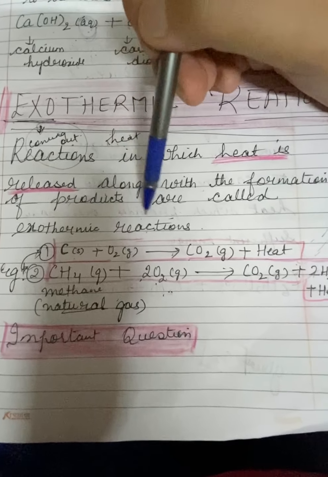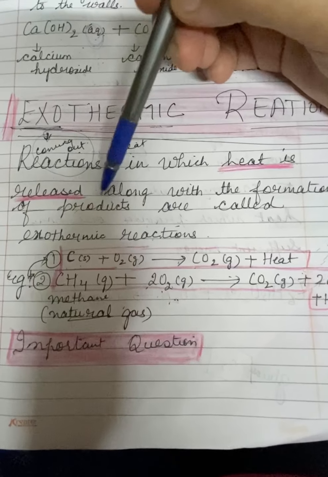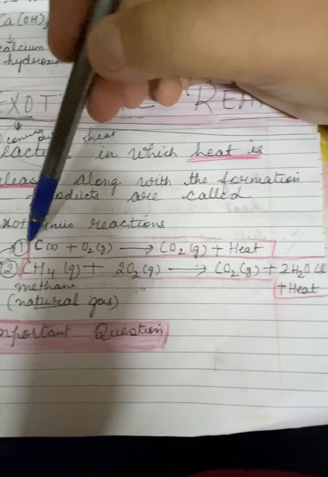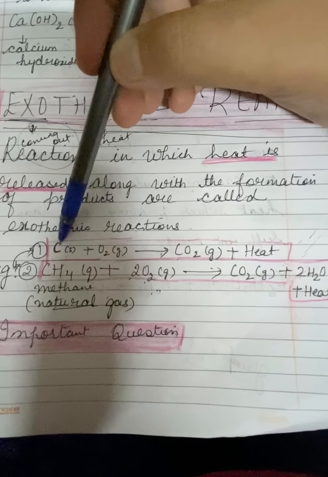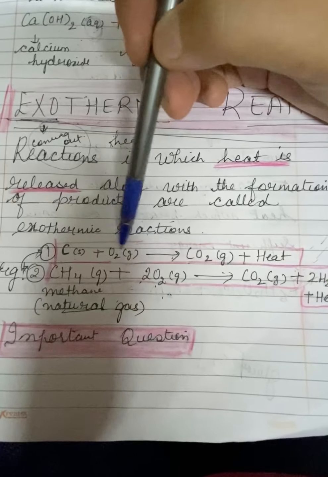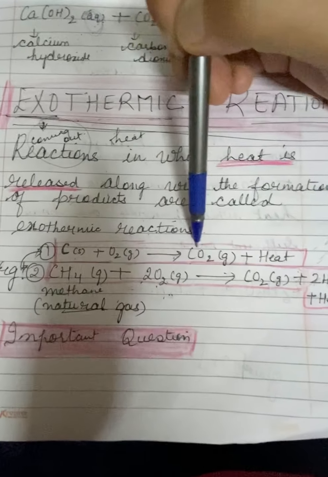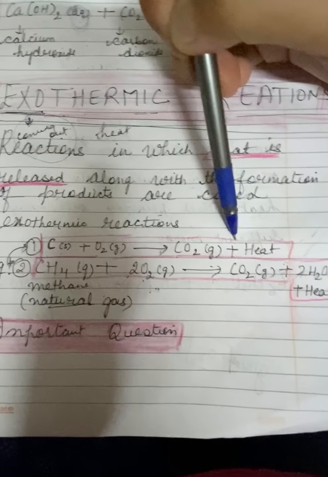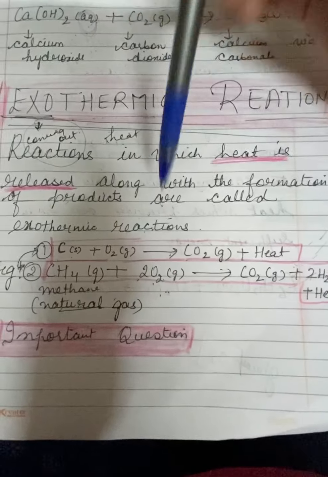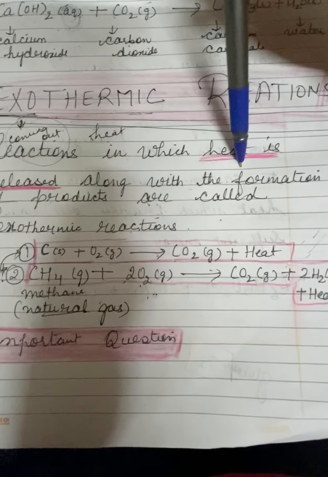An example: carbon, when we heat the coal, reacts with oxygen in the air and forms carbon dioxide, and along with the products we get heat.